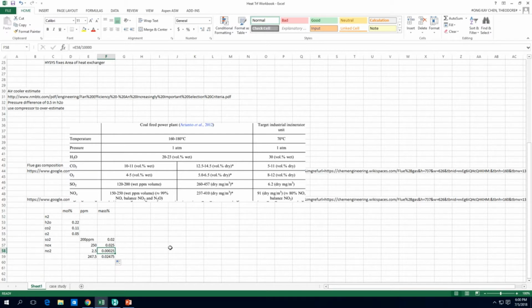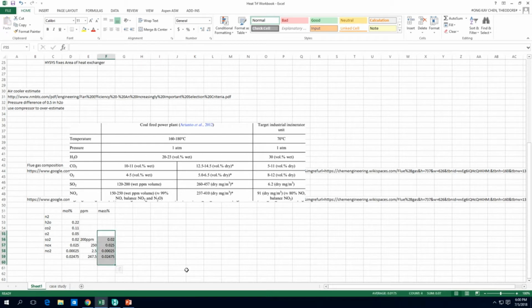And let's just take a 100 gram basis, I suppose. Never mind, I'm not going to be that accurate. I'm just going to assume all this is in mole percent. Alright, I'll port the values over, so just paste values only.